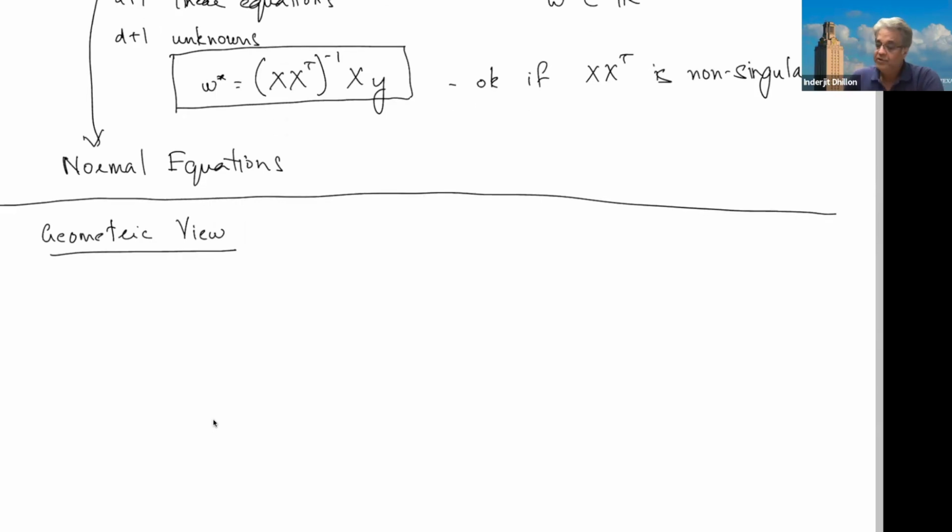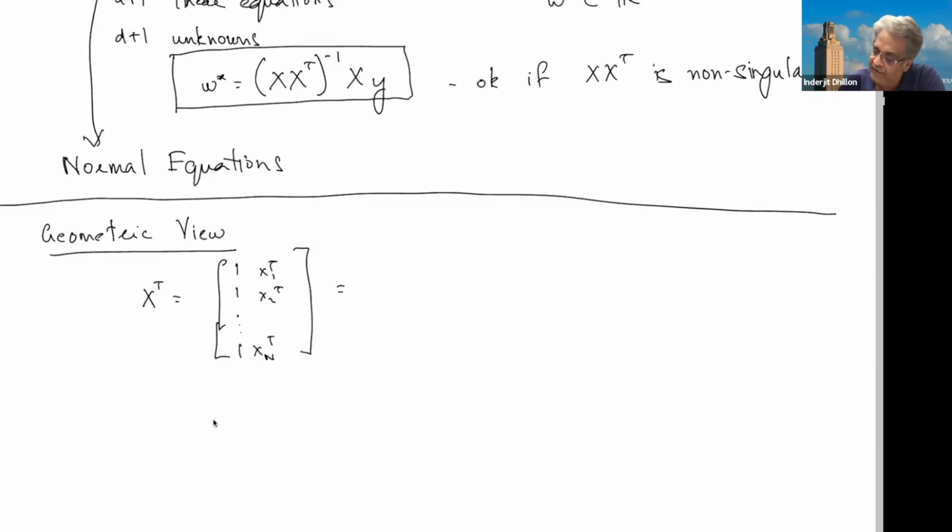So remember X was this matrix where each column was the training data with the one associated with it. So X transpose is 1, X1 transpose, 1, X2 transpose, through 1, Xn transpose.